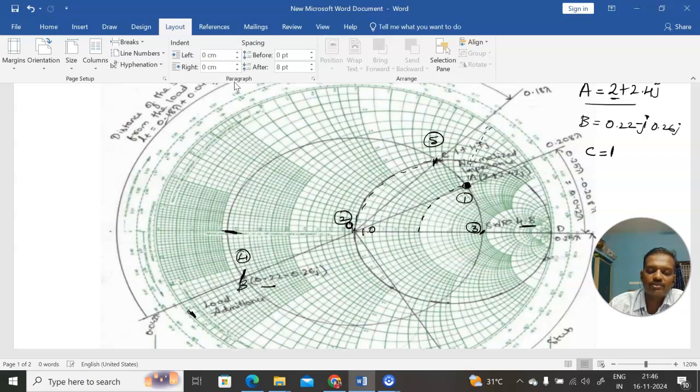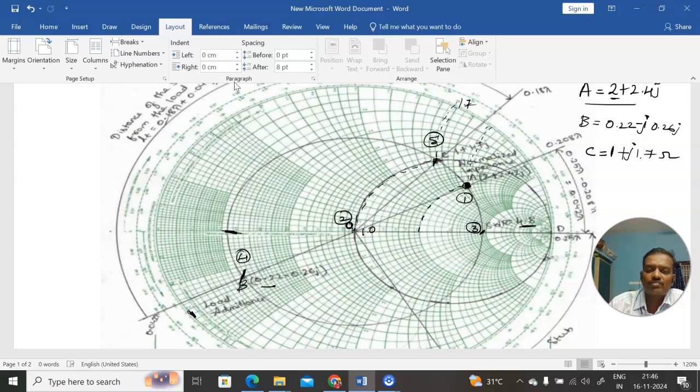The real value is 1.0 at center O. So you are drawing a shaded line which intersects the SWR circle. So that point is C, and from where the imaginary value goes, it is 1.7. Okay, so the C value is 1 plus 1.7J. Okay, so this is our step number 5.